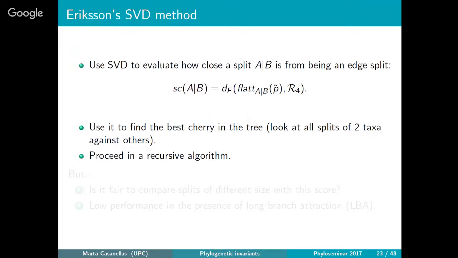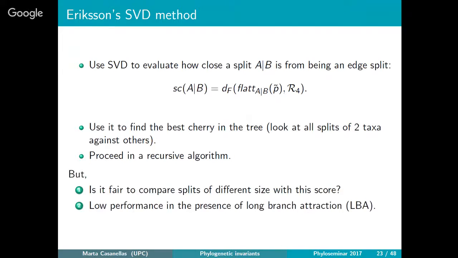Okay. The problem with this method, that was published in the Algebraic Statistics for Computational Biology book, is that it's not fair to compare these scores for splits of different size.